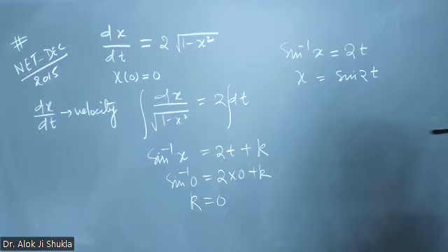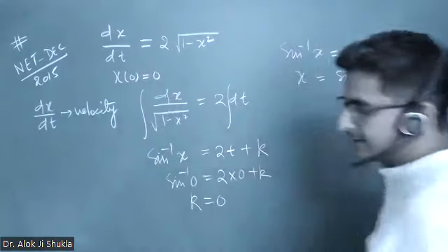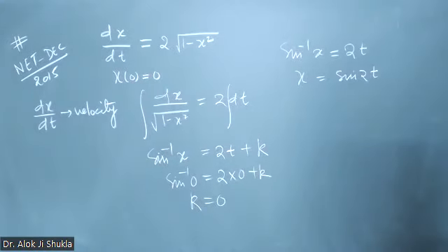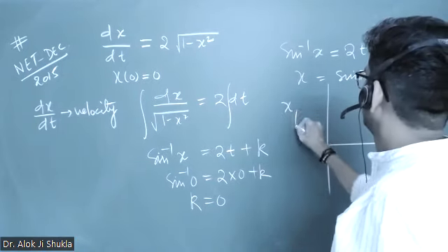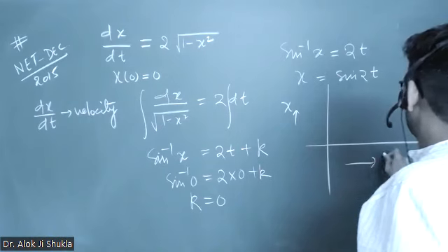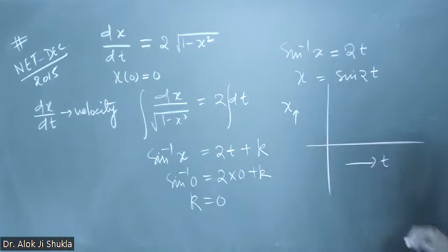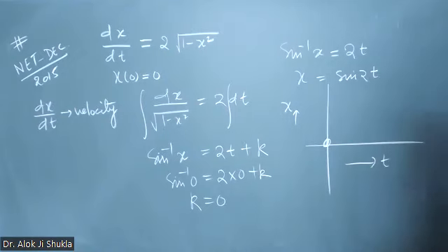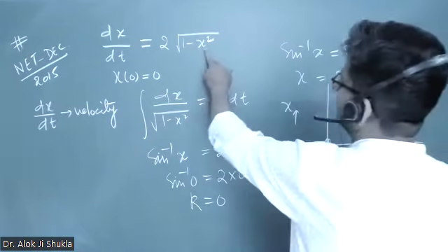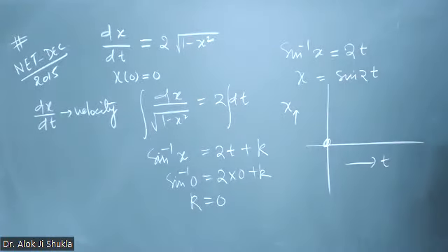And here you can see the velocity was given like this. So we have to check what is happening. If this is x and this is time, at t is equal to 0, x will be 0, yes or no? And you can't cross x is equal to 1 here, otherwise it will become an imaginary number.